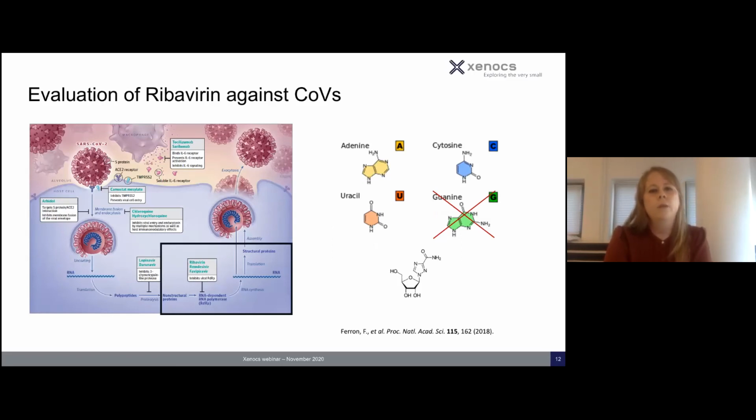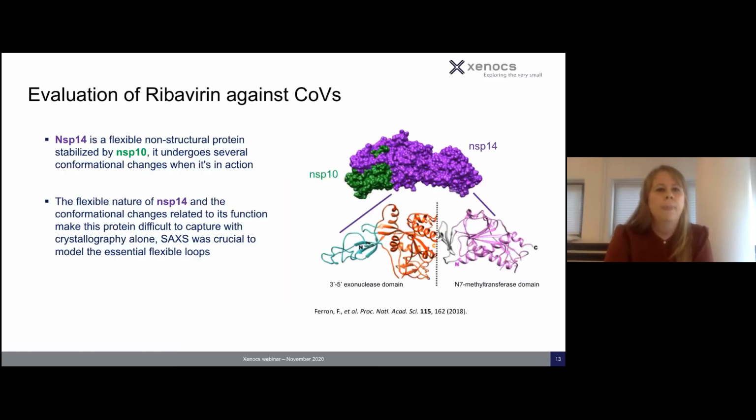One interesting example is this of Ribavirin. And this is a nucleoside analog which is built into the RNA synthesis and creates an inactive RNA strand, which means that the virus replication is stopped. And SAXS has helped to clear up why this trick, which is successful for some other viruses, is not effective in coronaviruses. And basically they found that this is because of this non-structural protein number 14, which is a repair protein.